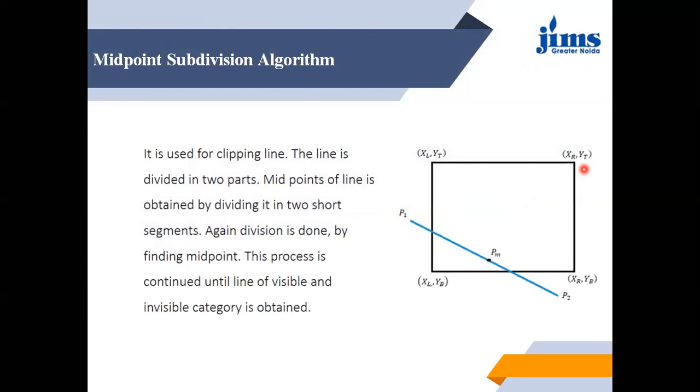What happens in the midpoint subdivision algorithm? Like the Sutherland line clipping algorithm, we have to find out the visible and invisible part of the line. As over there, we first calculate the region code of both the ends of the line, and based on the AND operation we calculate the different possibilities, that is, the line is completely visible, invisible or partially visible.